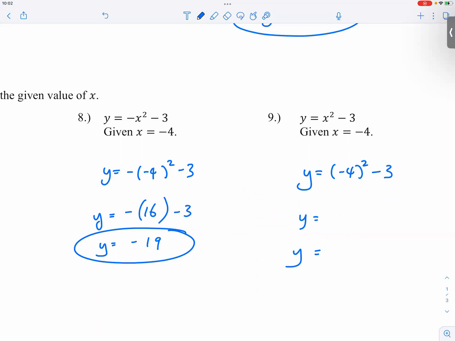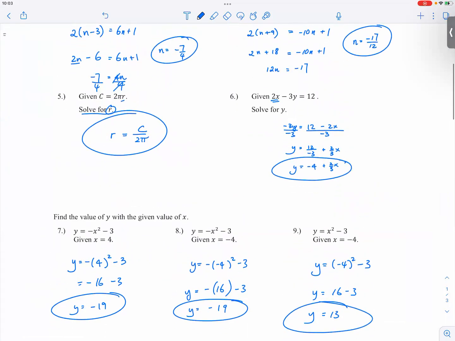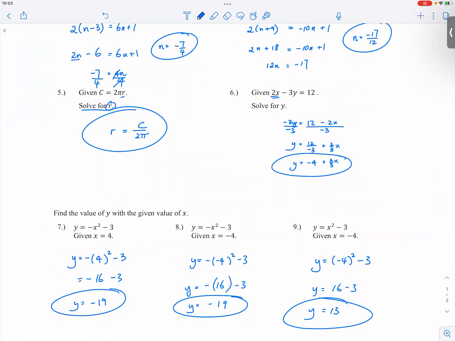It's not. What is it this time? 13 is correct because it's 16 minus 3. So very straightforward, nothing too challenging right here. It's just good notation. Get the first few steps right, and it will be easy, wonderful, easy. Now let's go ahead and turn to the next page.